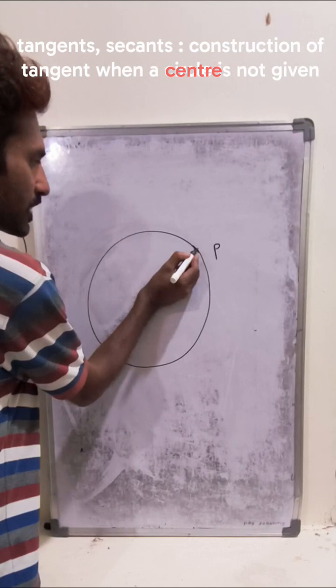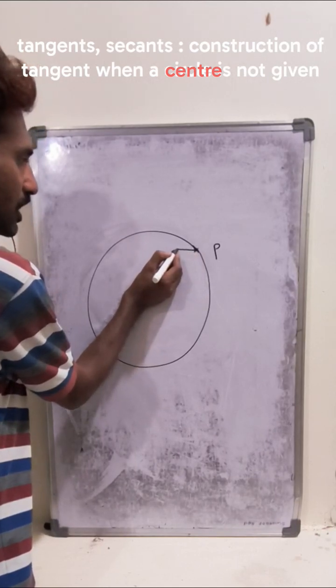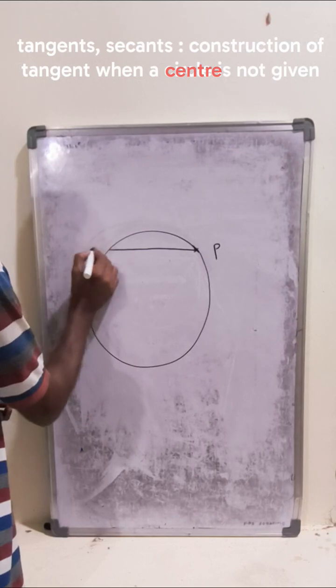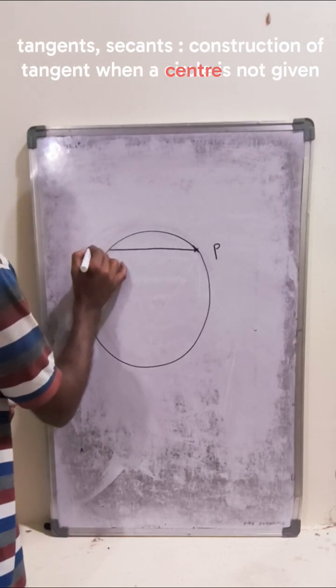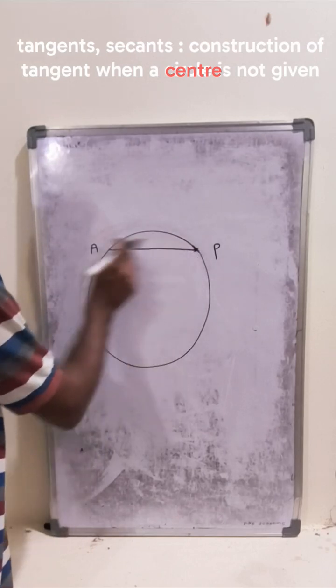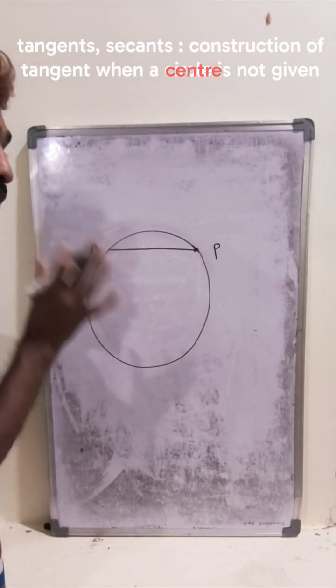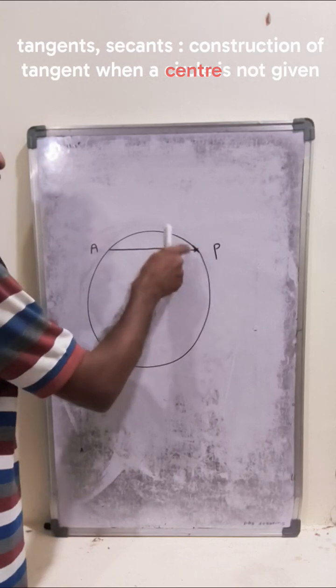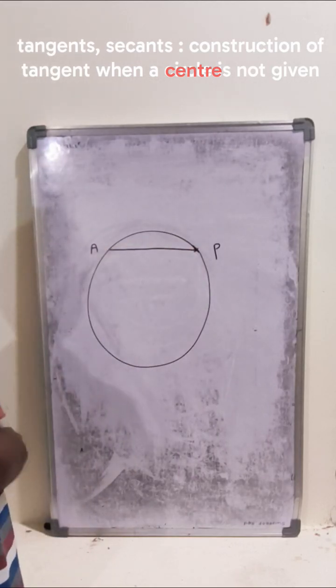From this point of contact, you draw one chord in the circle. So I have drawn one chord. Let us assume this chord is AP or PA. From where do we need to construct the chord? From P. From a given point we need to construct one chord.